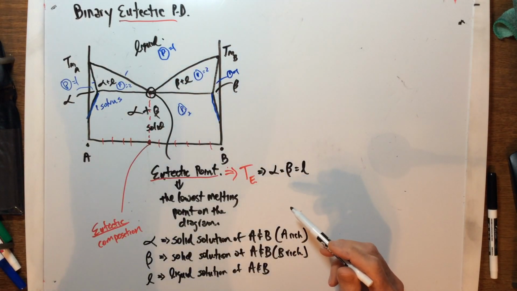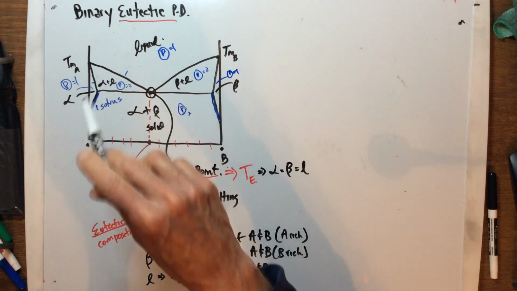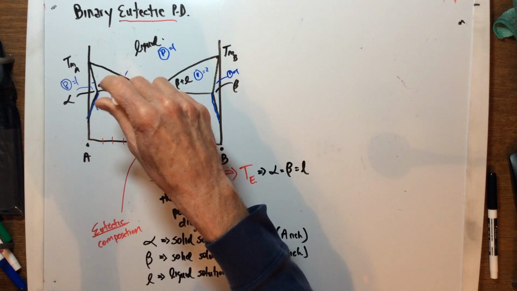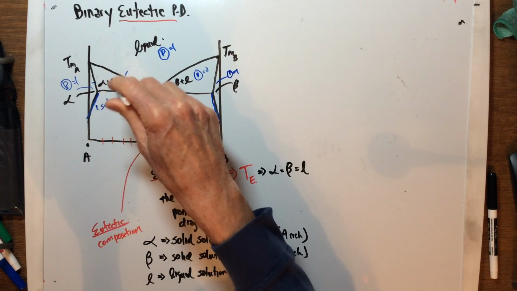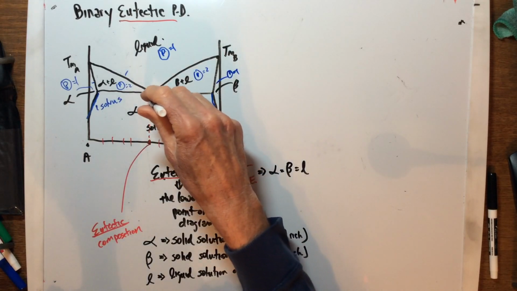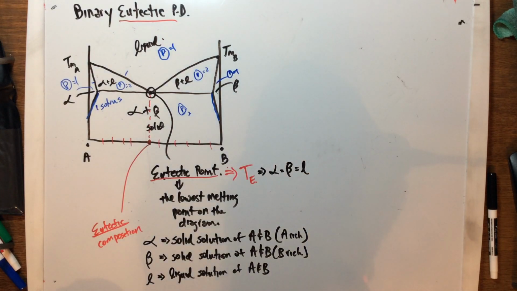So what we're going to experience here is some new types of products as we go through this analysis, and I'm going to share that with you in just a minute. But this is a very important point, this eutectic point.